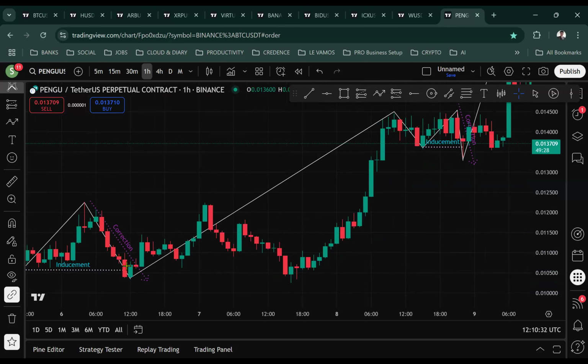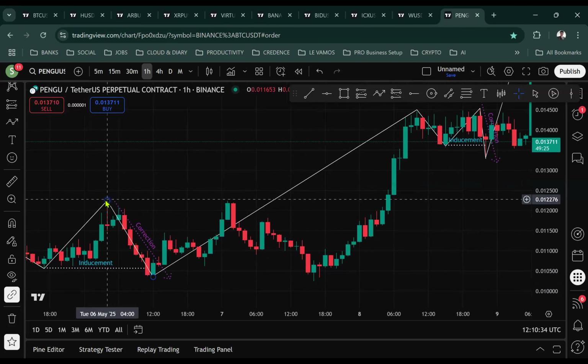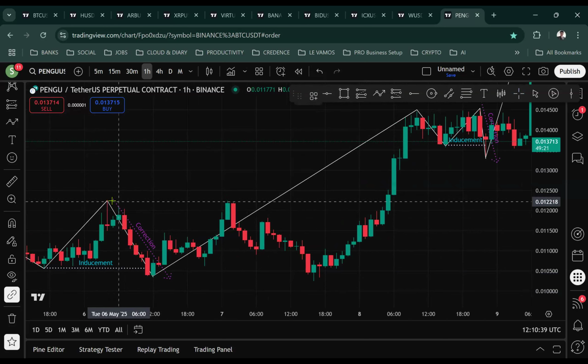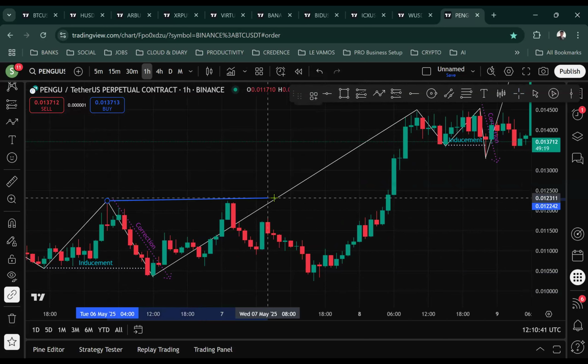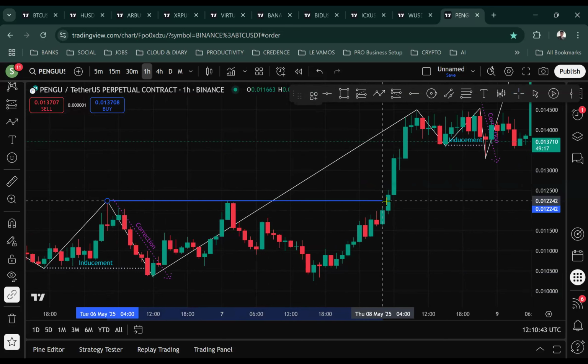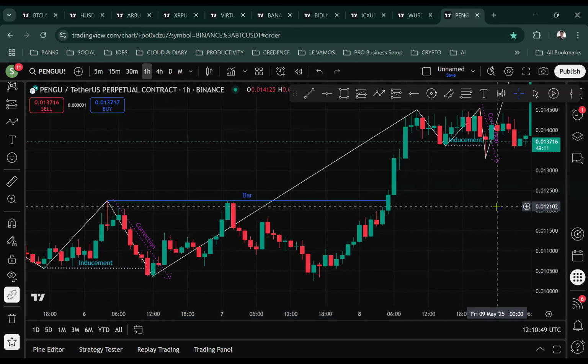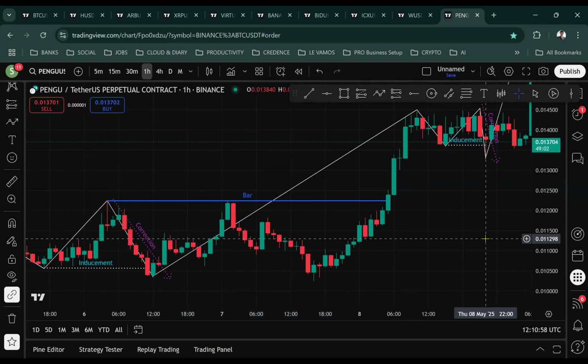Now here, for example, this is not crossing actually. If I put a bar here, it is exactly coming up. That bar you just put now is different, because after a correction the bar is something else.